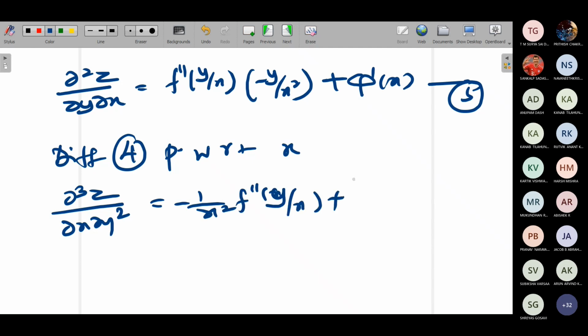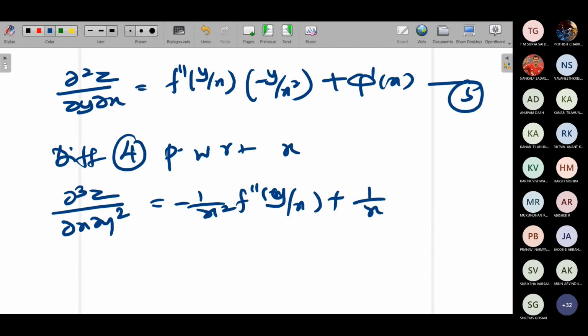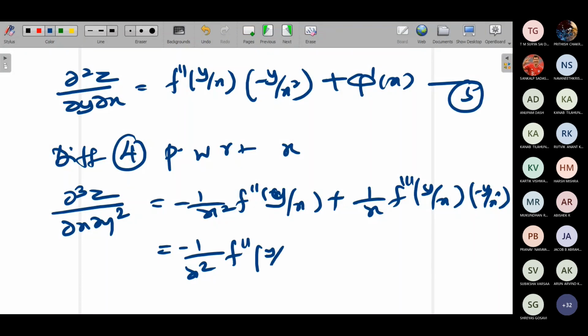The other term will be 1 by x into f triple dash of y by x into minus y by x square. So this will become minus 1 by x square f double dash of y by x minus y by x cube into f triple dash of y by x. Take this as equation number 6.